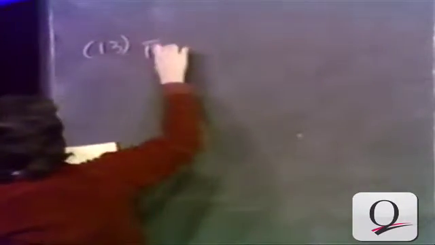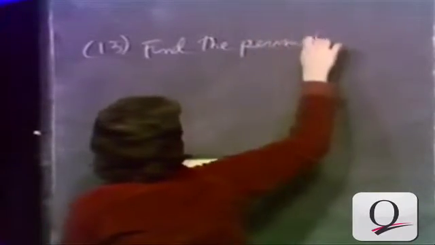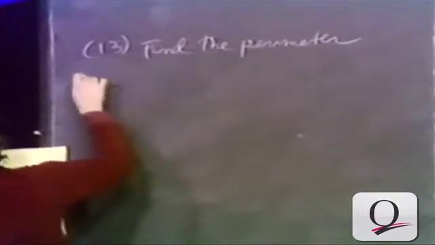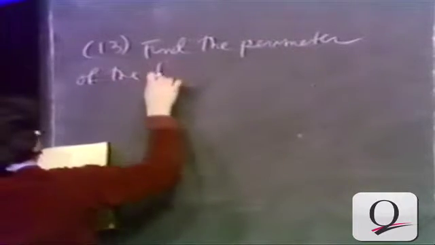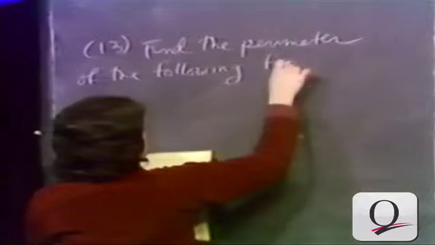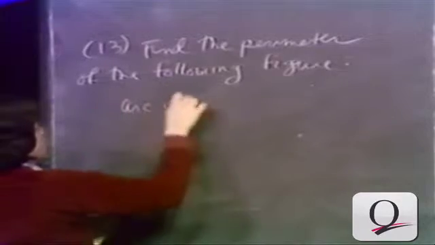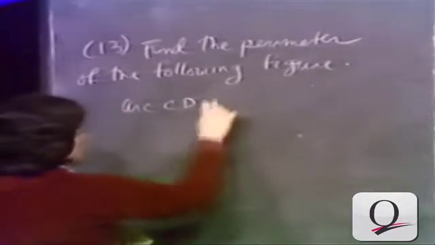In problem 13, we want to find the perimeter of the following figure. And arc CD in the figure is a semicircle.